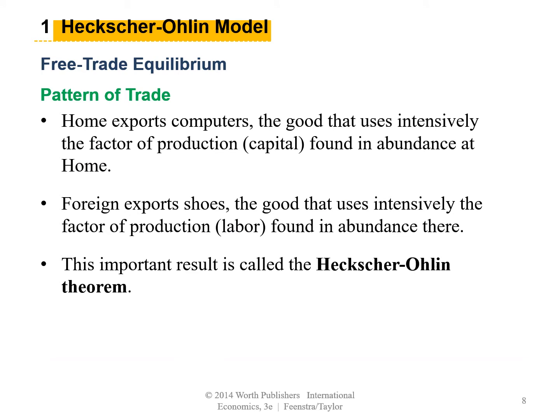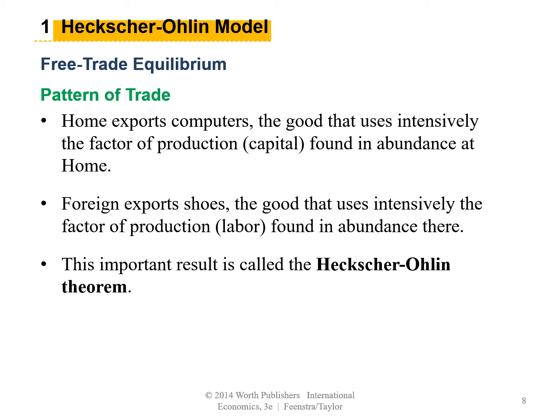So the final result is that in the free trade equilibrium, the home country exports computers, which is the good that uses intensively the factor of production found in abundance in the home country, that is capital. And the foreign country exports shoes, which is the good that uses intensively the factor of production labor found in abundance in the foreign country.